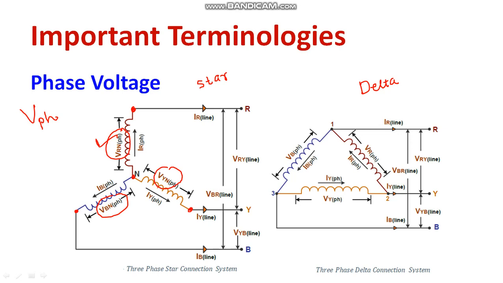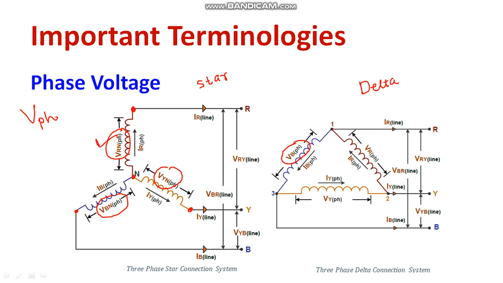If I talk about delta, please mark different points like 1, 2, 3. The first point is related to the R line, the second point is related to the Y line, and the third point is related to the B line. So phase voltage is nothing but the voltage across these two points. For example, voltage across points 1 and 3 is denoted by VB.